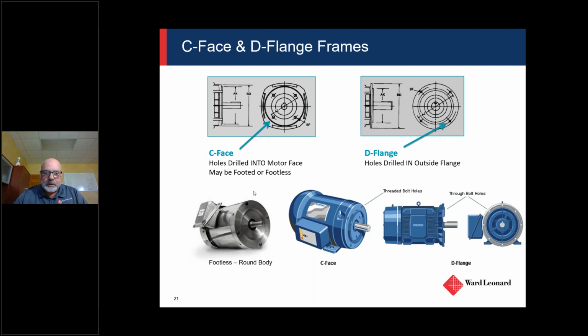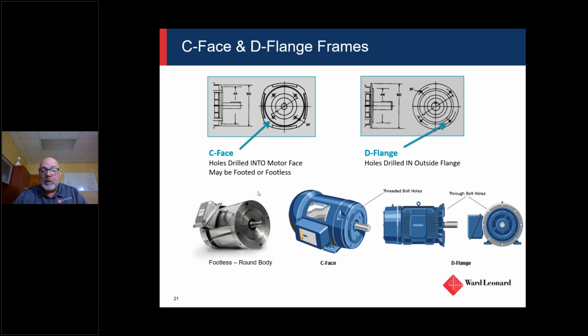C-face would be that, right? Usually the holes are drilled into the motor face, and it may be footless, or may have a foot plate on it. It just depends on how you're going to mount it and what you need. When you look at the motor on the lower left-hand side, that'd be an example of a footless round body C-face motor.